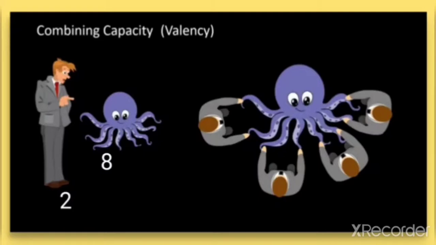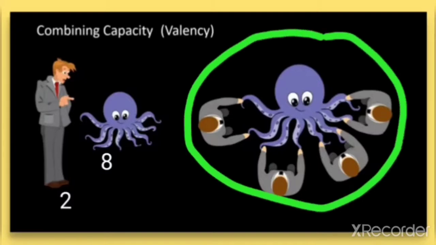So if we want to make a formula for this combination, we can call it a combination of an octopus and 4 men in such a way that the 2 arms of all 4 men and the 8 arms of the octopus are completely locked.